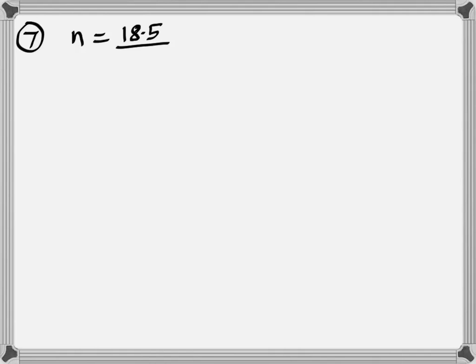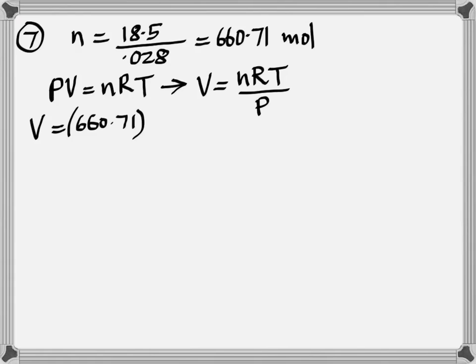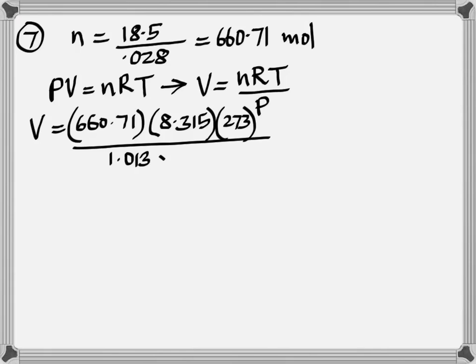In number 7, first find the number of moles of nitrogen and then use the ideal gas equation to find the volume. Remember that pressure always has to be in pascals.